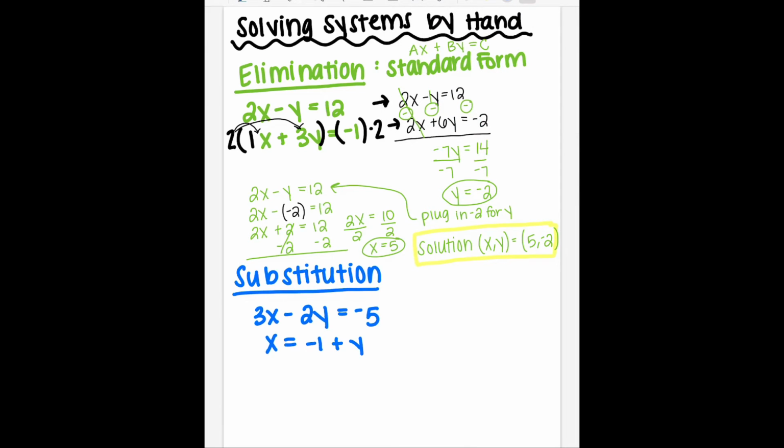Now let's move on to substitution. Substitution is the process of replacing one variable with another expression. So we have our two linear equations here, and one of them is already solved for. So the equation x equals -1 plus y already has the variable x by itself. So in one of the equations, one variable is solved for.